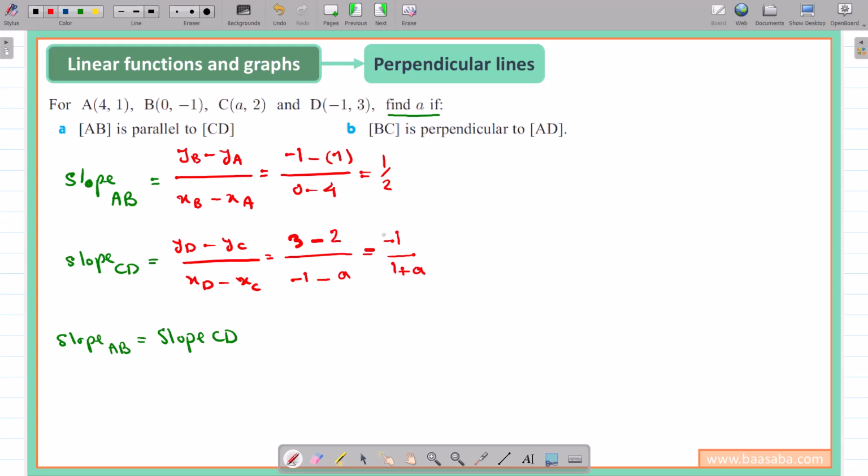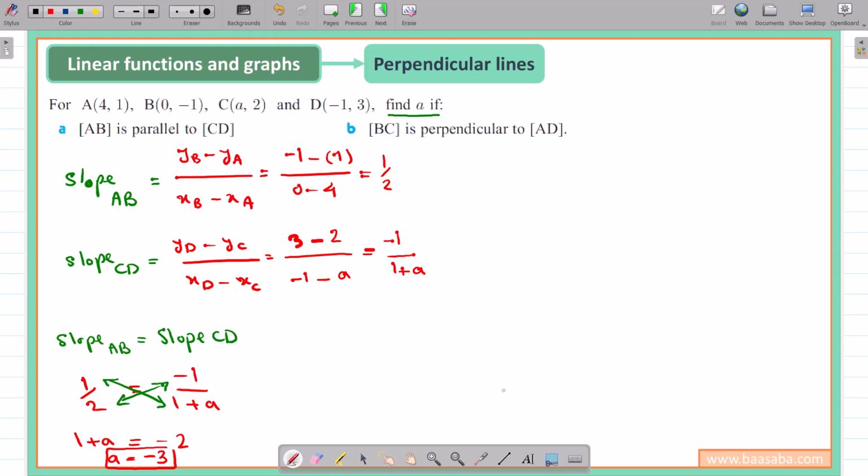Now we have to make these two fractions equal. 1/2 is equal to that. Let's solve this equation together. 1 plus a is equal to -2, because I cross-multiplied. And then we have a: transferring 1 to the other side of the equation, a will be -3. So this is the answer for the first part.